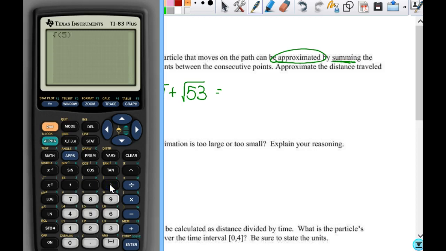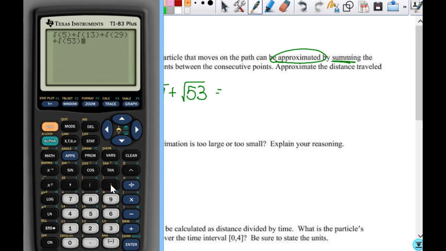If it doesn't and you get a little box, you have to arrow out of it, or it's going to put everything under the same square root. But be careful with parentheses and the boxes here. Square root of 13, close parentheses, plus the square root of 29, close parentheses, plus square root 53, close parentheses. Okay? You've got to actually type that in and not just take my answer from this.